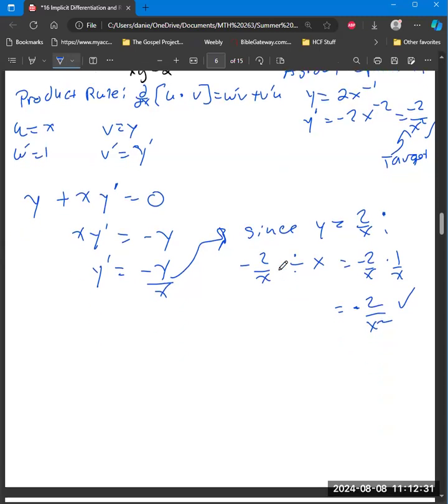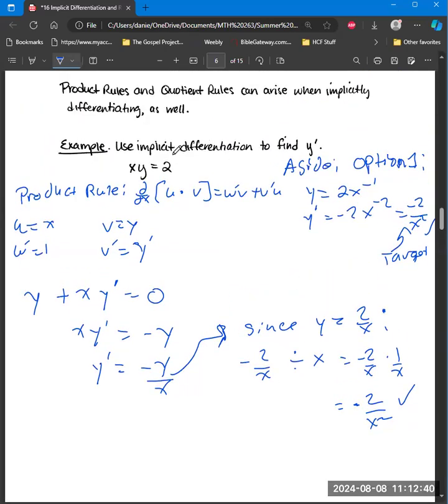So again, for most calculus teachers, even if they tell you to use implicit differentiation here, they want you to go back and make this substitution for y for an explicit definition that only contains x's and constants if you can do it.